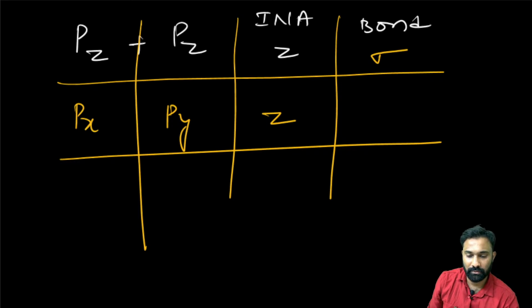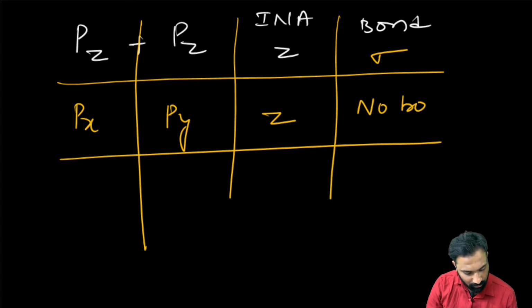Which bond will it give? No bond. Good. No bond. Right. Next.